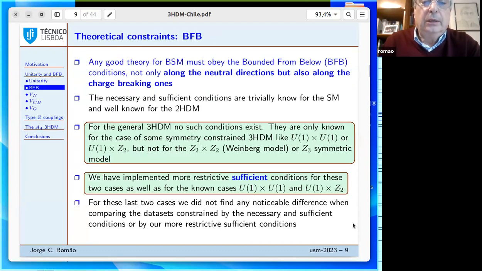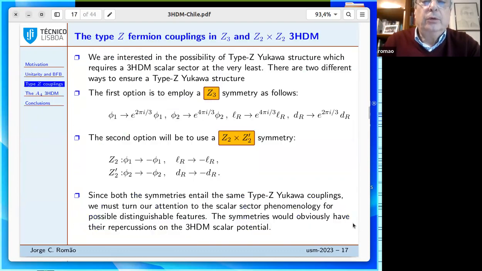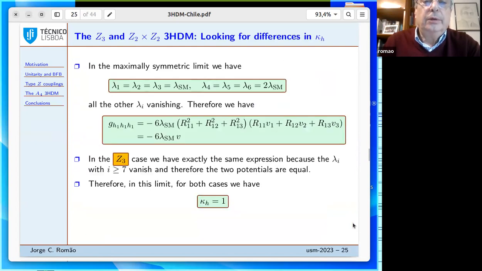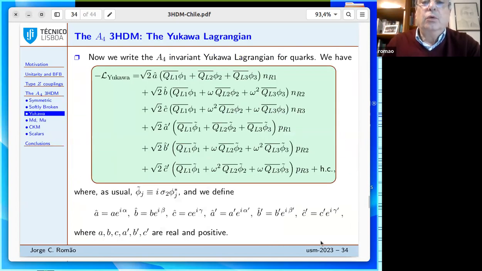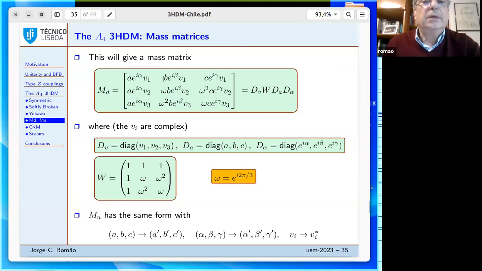And also in A4, when you write your Lagrangian, you have to give vevs here, and you have V1, V2, and V3 that appear in these expressions. The difference between the A4 case and the type Z that I was showing before is that here the vevs are complex in general.